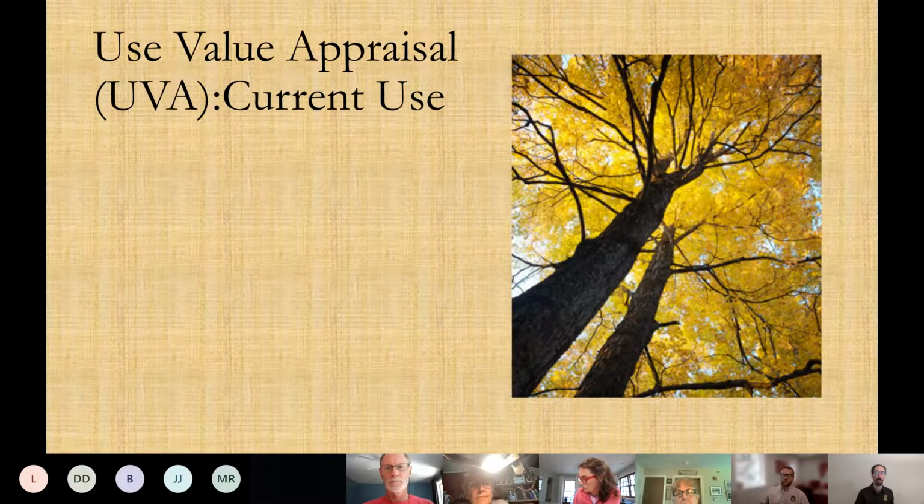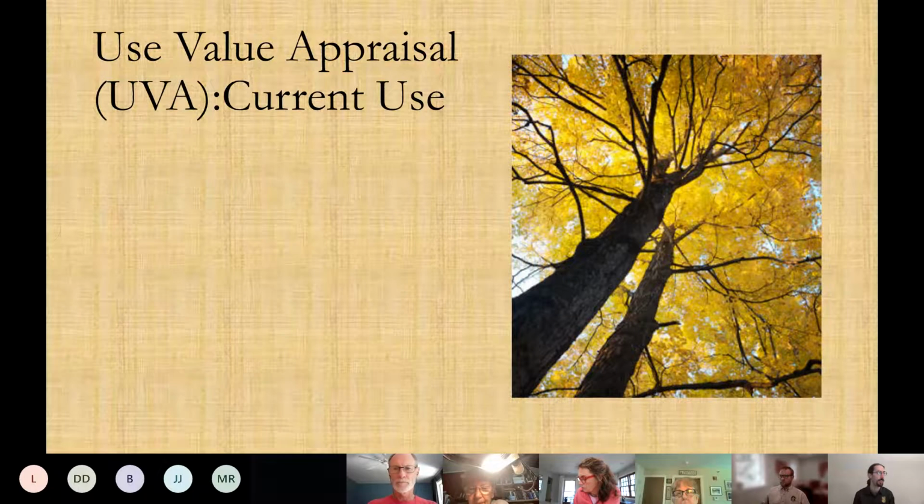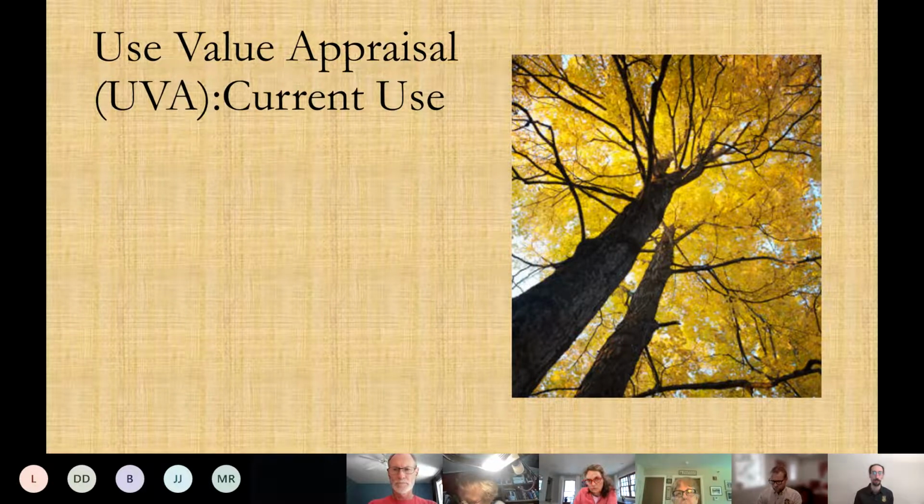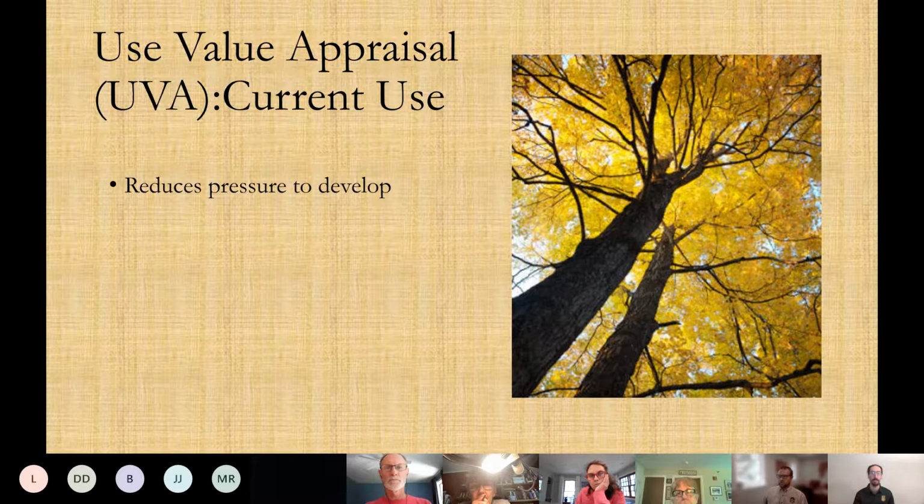Okay, the next strategy we're going to talk about more in depth is the UVA current use program. It's a statewide program, and it allows eligible landowners who are practicing long-term forestry or agriculture to have their land appraised based on the property's value of production of wood or food, rather than its residential or commercial development value. So what does this do? It reduces pressure to develop.